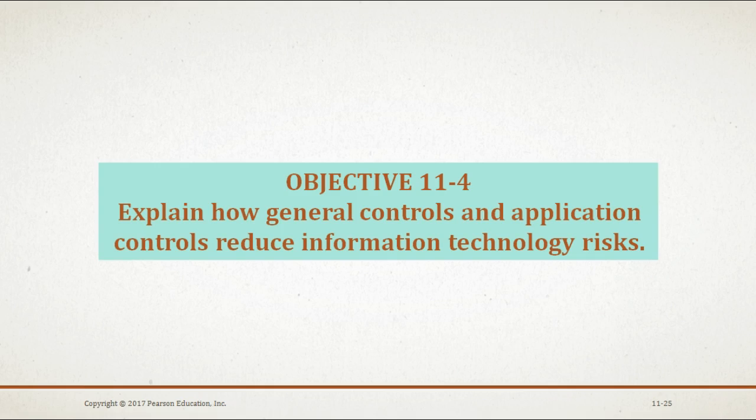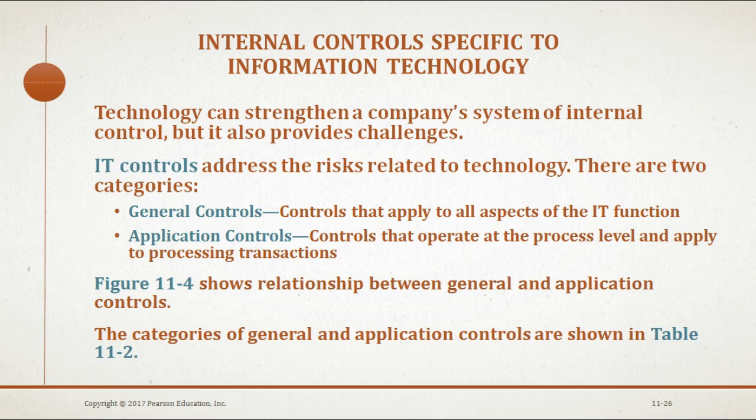Moving on, we will now discuss the general controls and application controls to reduce information technology risk. Technology can strengthen a company's system of internal control, but it also provides challenges. The IT controls address the risks related to technology.